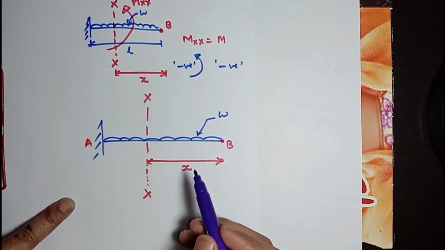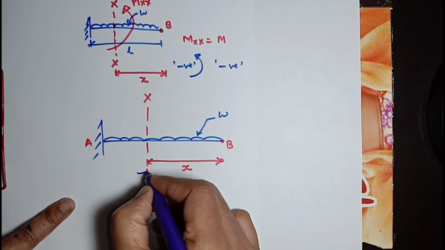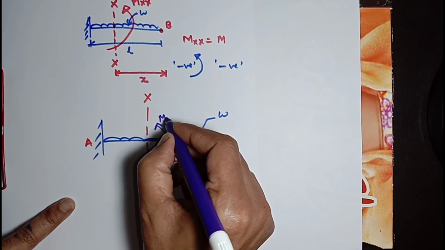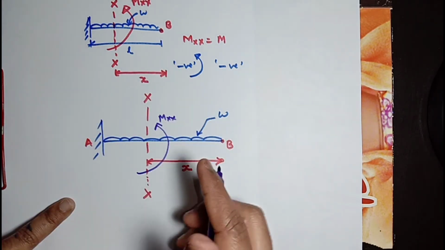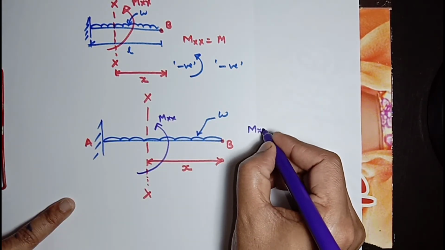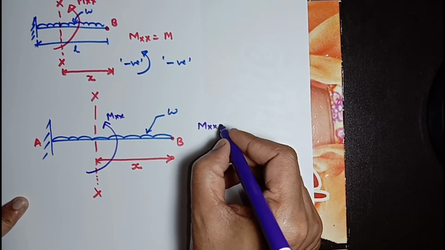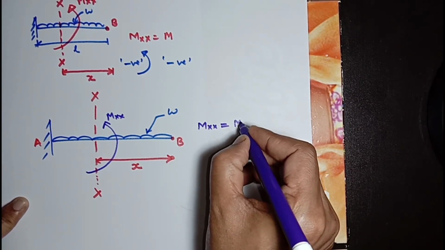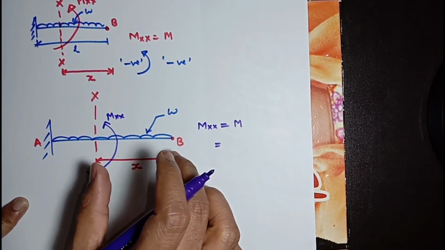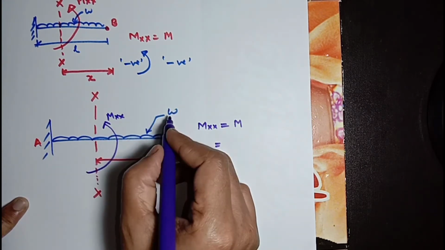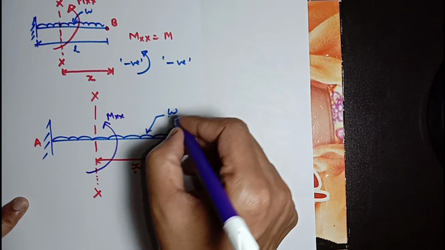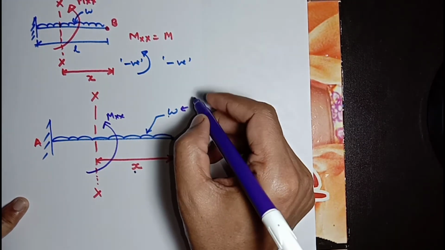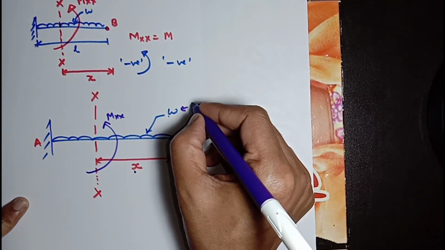Now the bending moment at section XX, MXX, or say M, will be equal to load. W multiplied with this X will give a load. W is UDL, meaning uniformly distributed load.